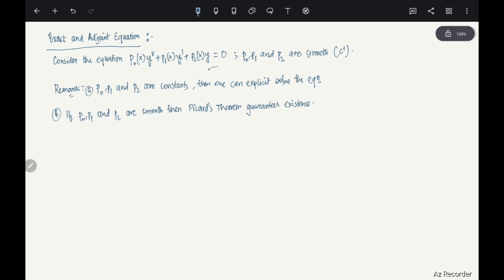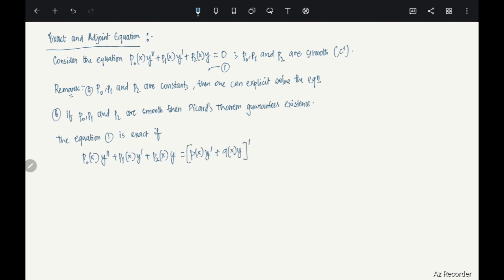Let's call this equation 1. The equation 1 is exact if P0 of x y double prime plus P1 of x y prime plus P2 of x y can be written as P of x y prime plus Q of x y, the derivative of that, where P and Q are continuously differentiable functions, so C1 functions.